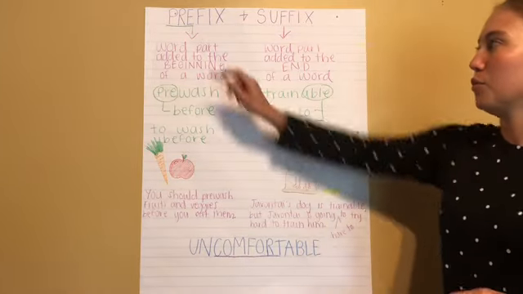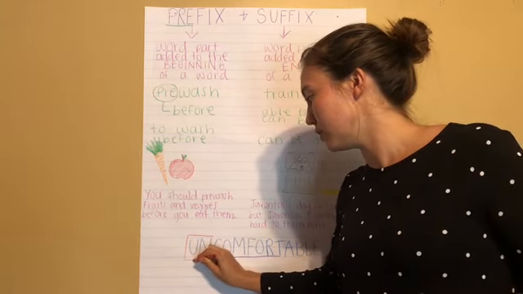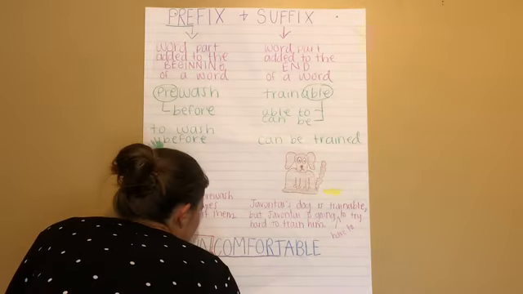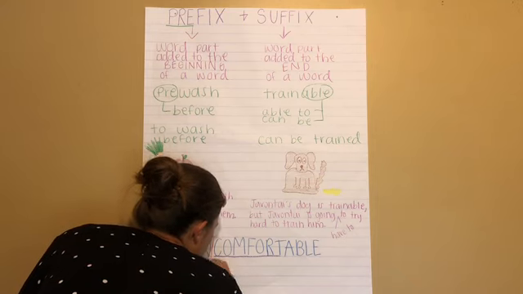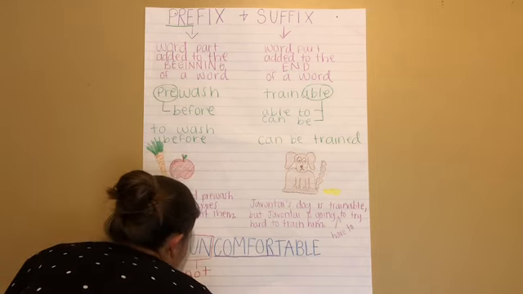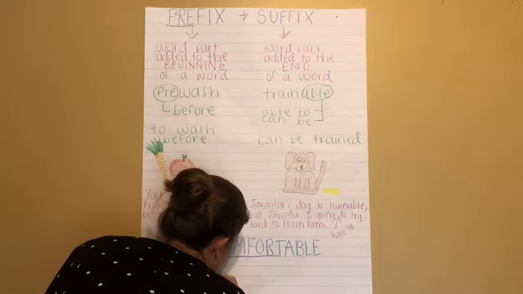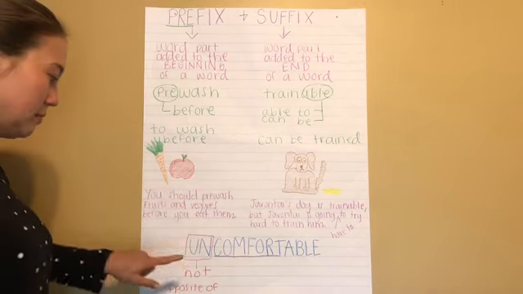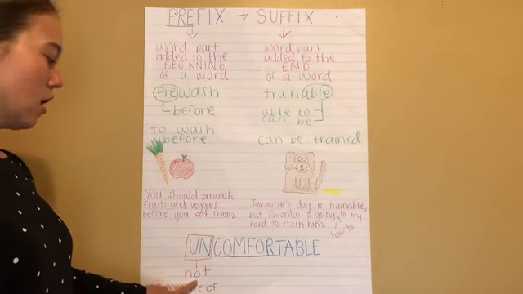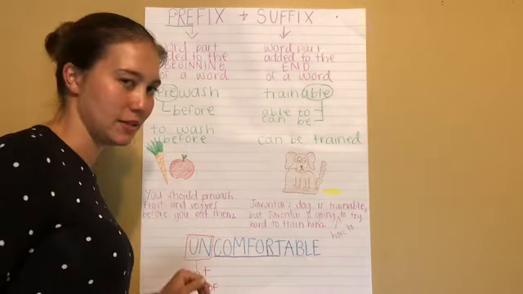I'll look at my prefix next. My prefix is un. The prefix un means not or opposite of. Uncomfortable, not comfortable. You are not feeling comfortable. You are feeling the opposite of comfortable.